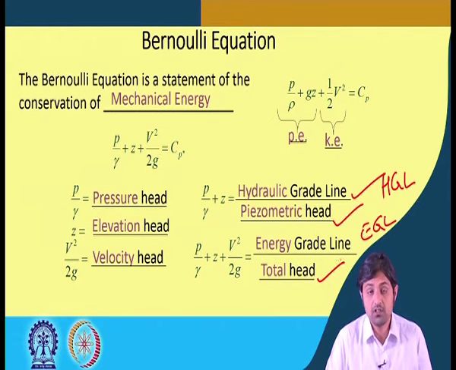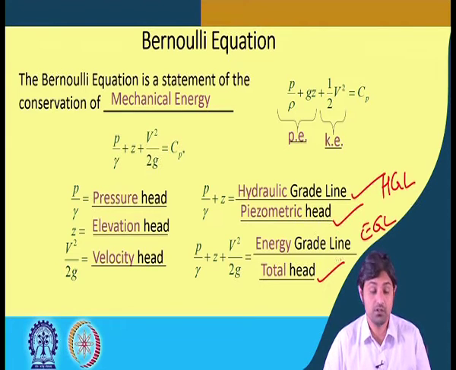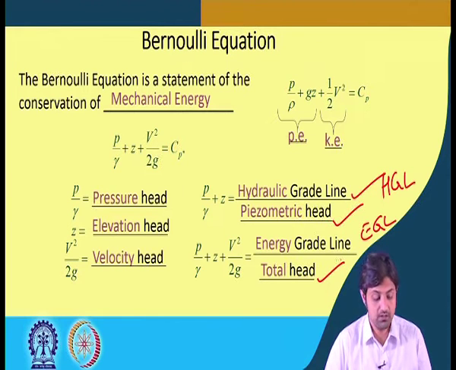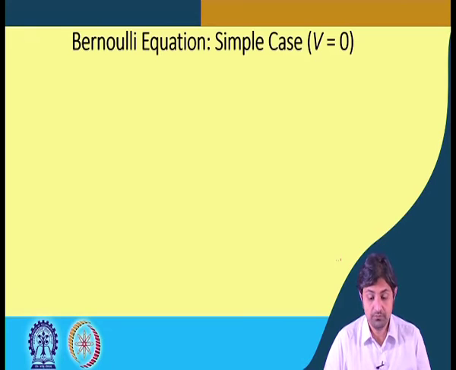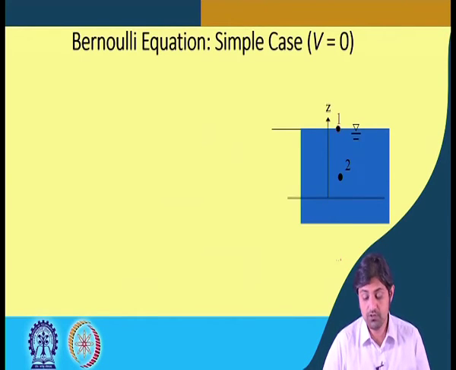This is something that you can be asked by anyone, whether you are giving a GATE exam or an interview, sitting for a company which works in hydraulics. So you must remember what hydraulic grade line is, what is energy grade line, what is piezometric head, what is total head.